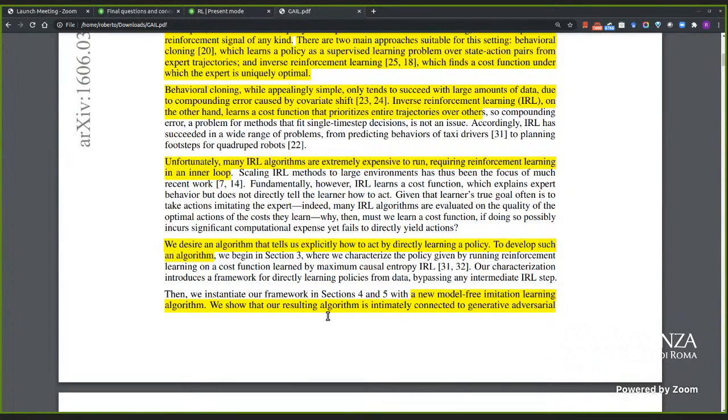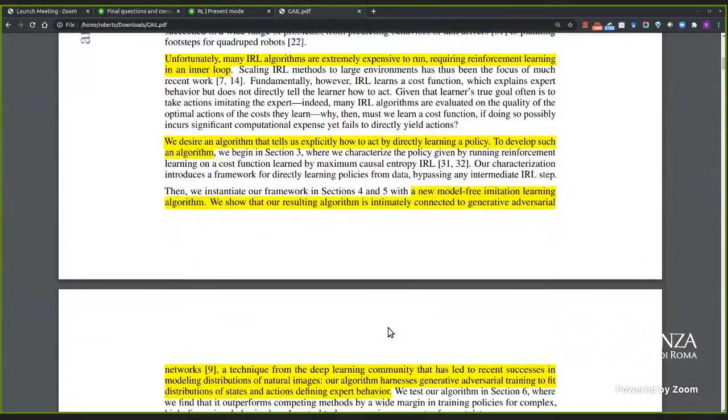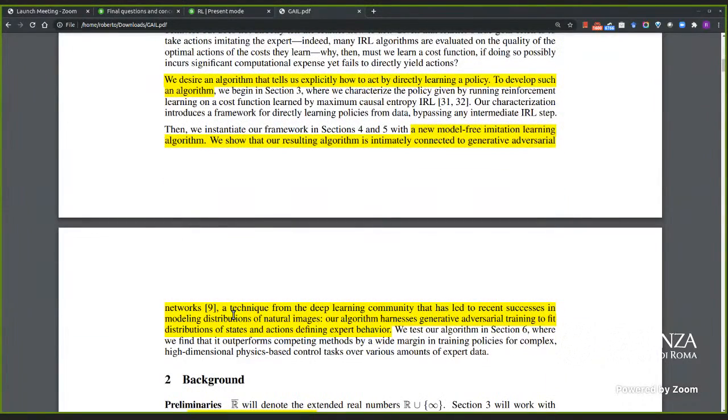Then they show that the resulting algorithm is connected to generative adversarial networks, which is a technique from deep learning that has led recently to success in modeling distribution of natural images. And this algorithm uses generative adversarial training to fit distribution of states and actions that define the expert behavior.